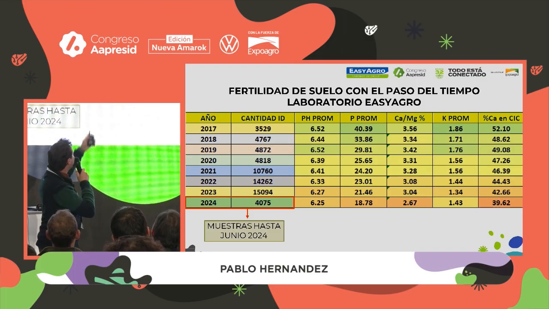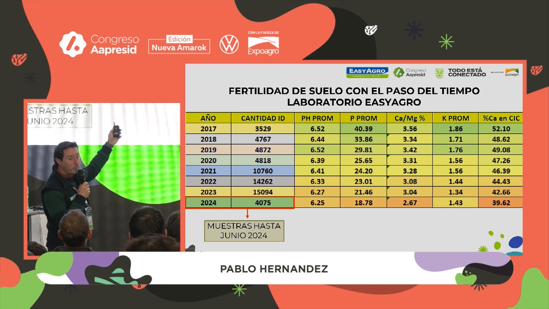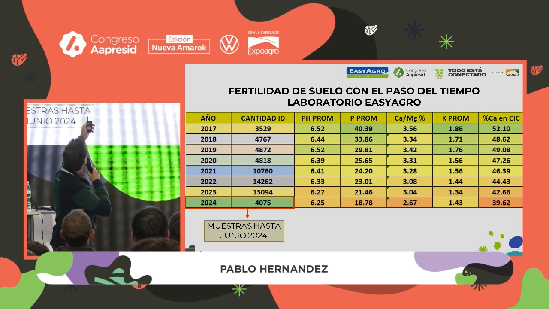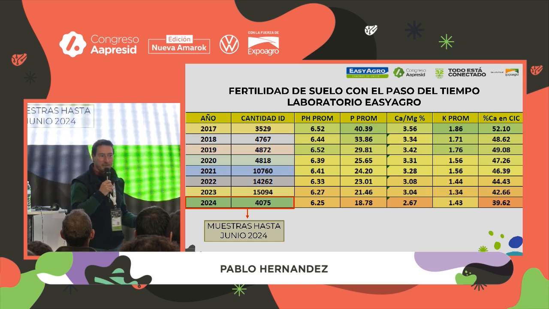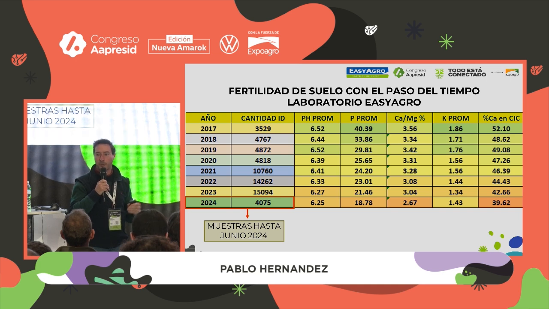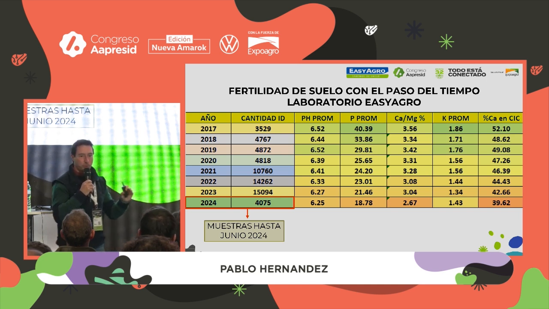In 2017, we had 6.52 average pH over 3,500 samples, and in 2024, we have 6.25 as the pH average. So we can see that they begin to acidify, and when we go to the high productive potential, everything is below 6.